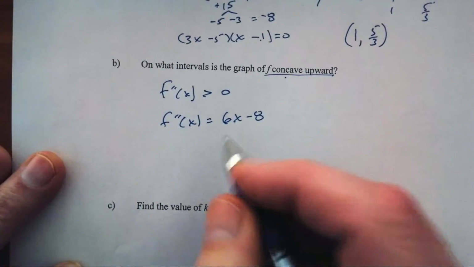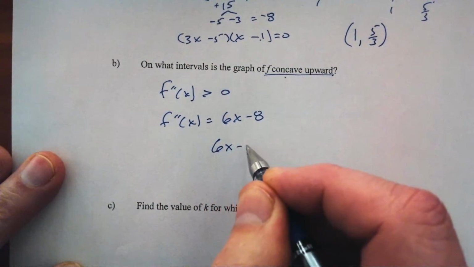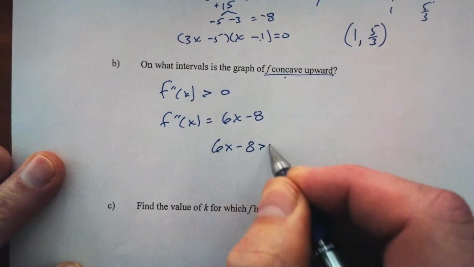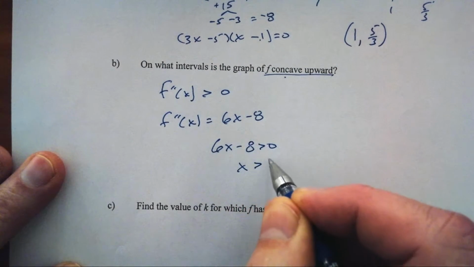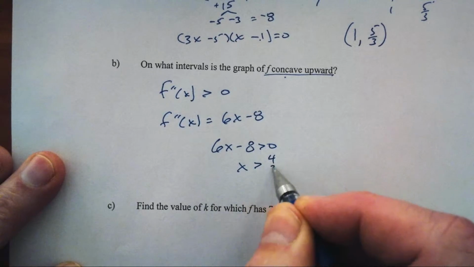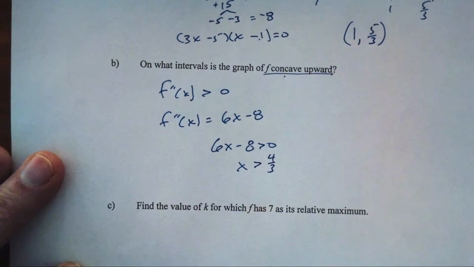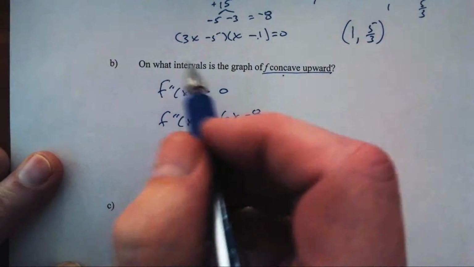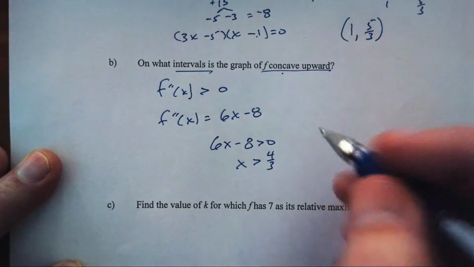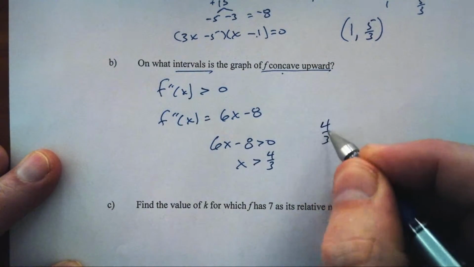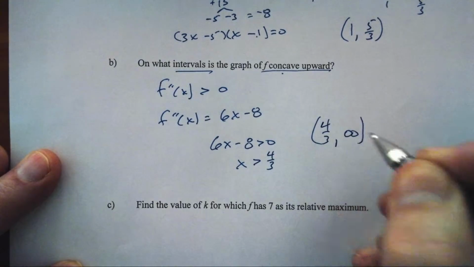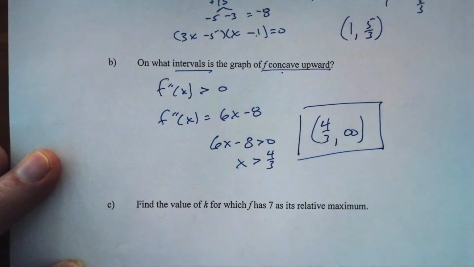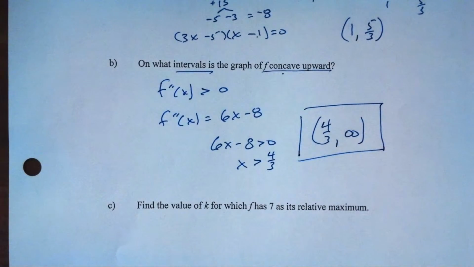And I want 6x minus 8 to be greater than 0. That happens when x is greater than 8/6 or 4/3, which is a decent answer, but it's not an interval. So my answer is 4/3 to infinity.